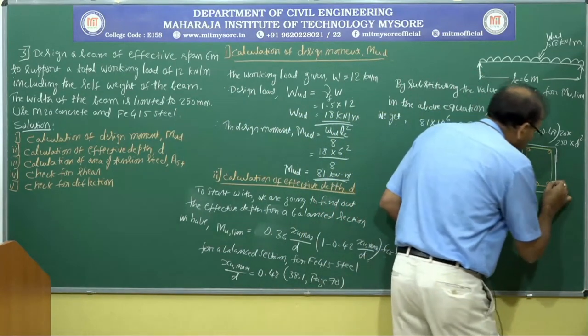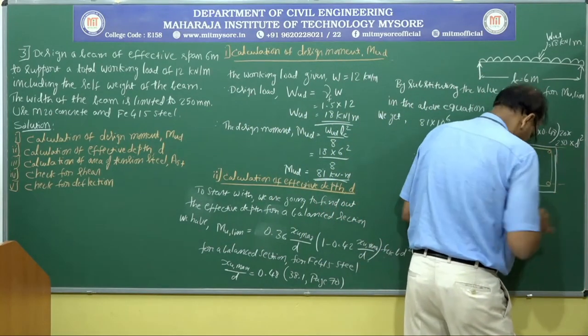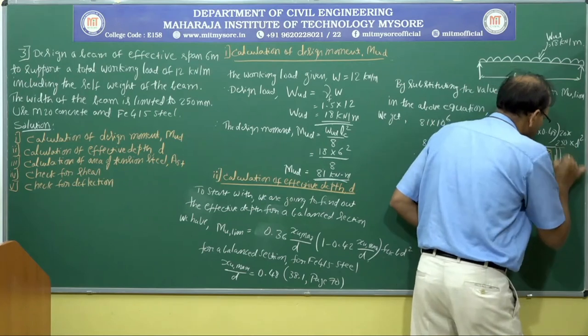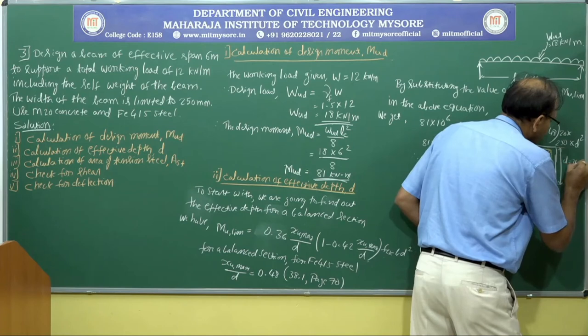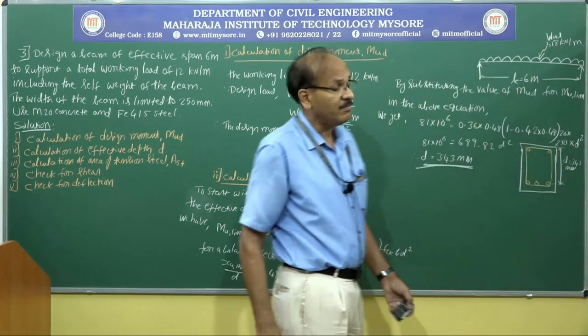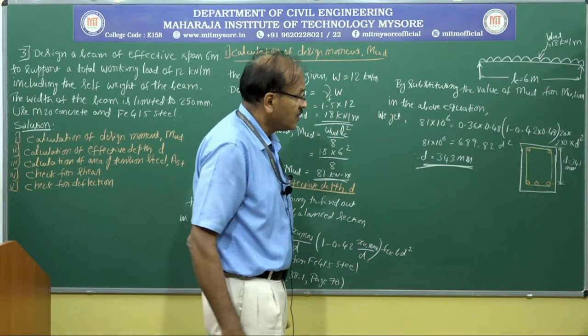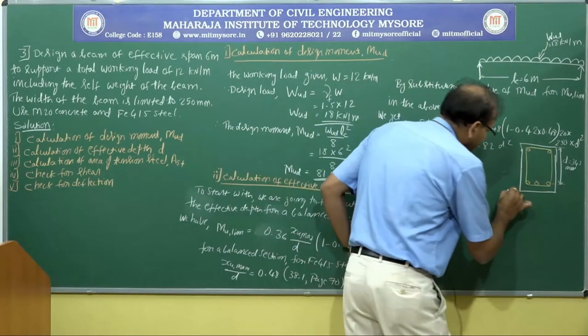So the minimum required depth D is 343 millimeter. So what is the total depth D?